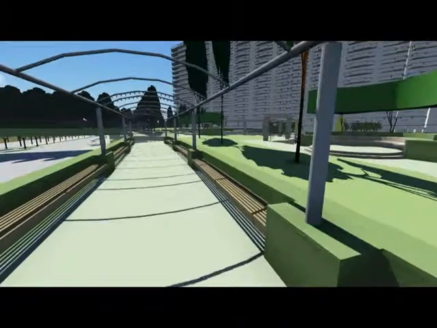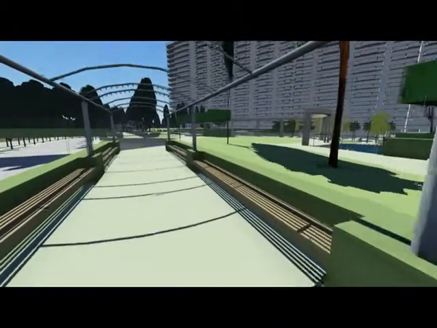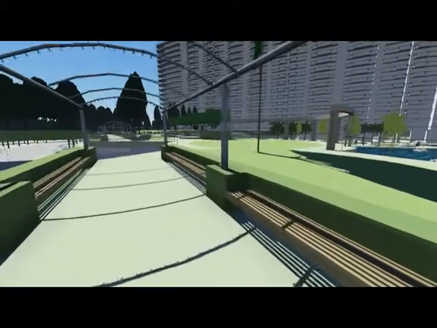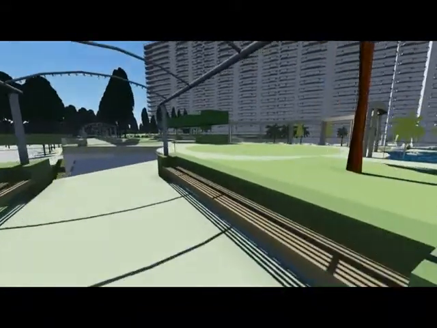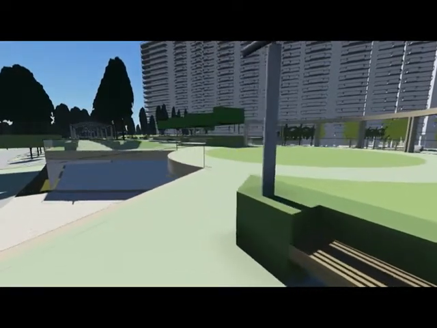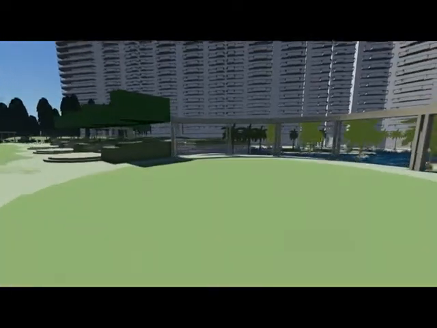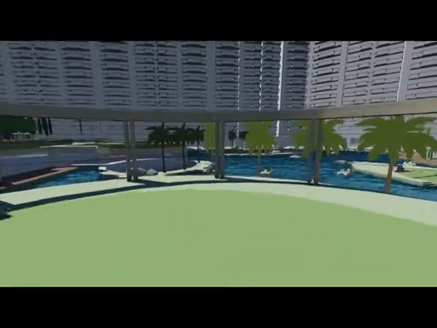The benches will be on one side only, the one on the right. People will be sitting there, and this will be canopied again with bougainvillea. All of the orchestration will be modulated by the filmmakers as they see fit.